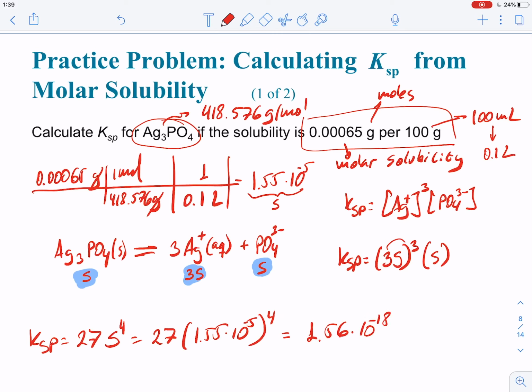So this is Ksp for silver phosphate. So if you have Ksp, you can calculate molar solubility. If you have solubility, whether the molar solubility or the solubility as given here, you can calculate Ksp. So you can go both ways.